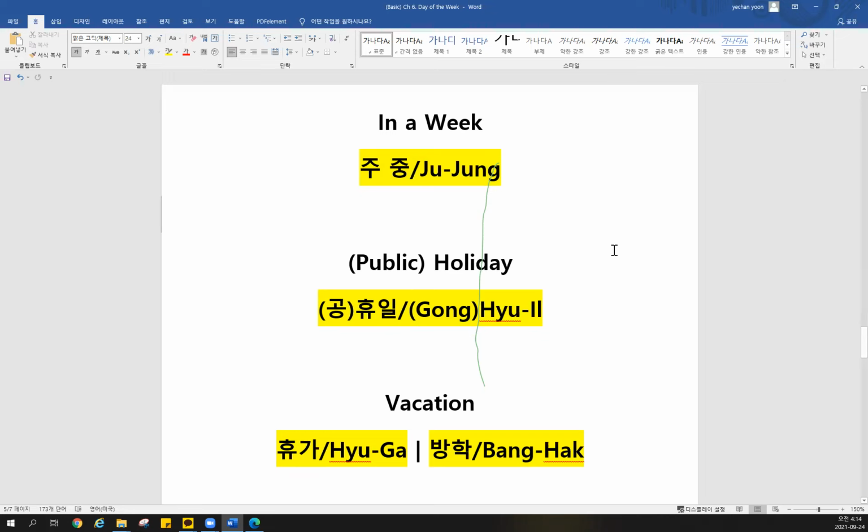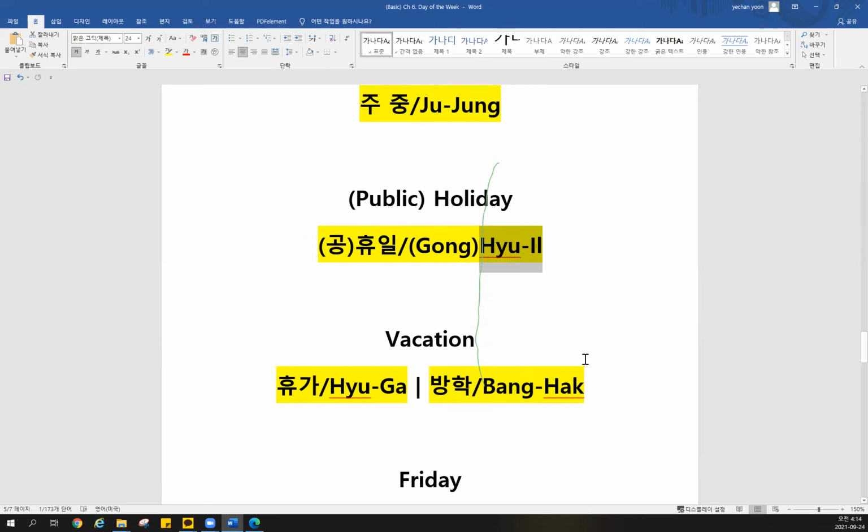But we just simplify with one letter because we need to combine it with other words. So 공휴일 is the public holiday. If you want to use it just for the holiday, you can say 휴일. All right.